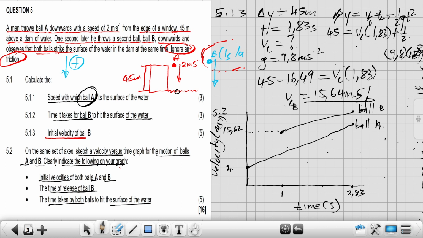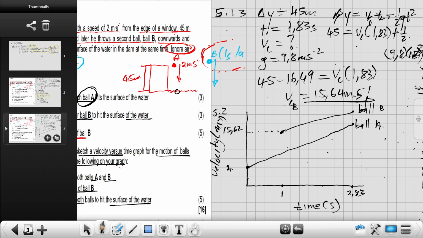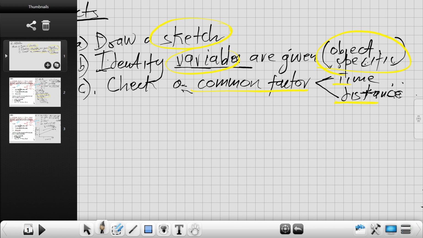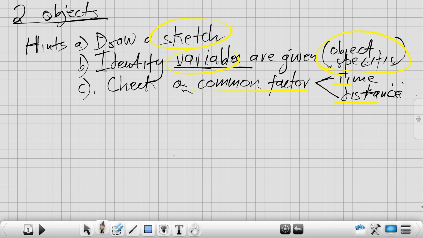So this will be my graph for the situation when I am given two objects that are experiencing free fall. In this case, it's just like we explained in the very first diagram: draw a sketch, identify the variables, and remember the variables will be object specific.